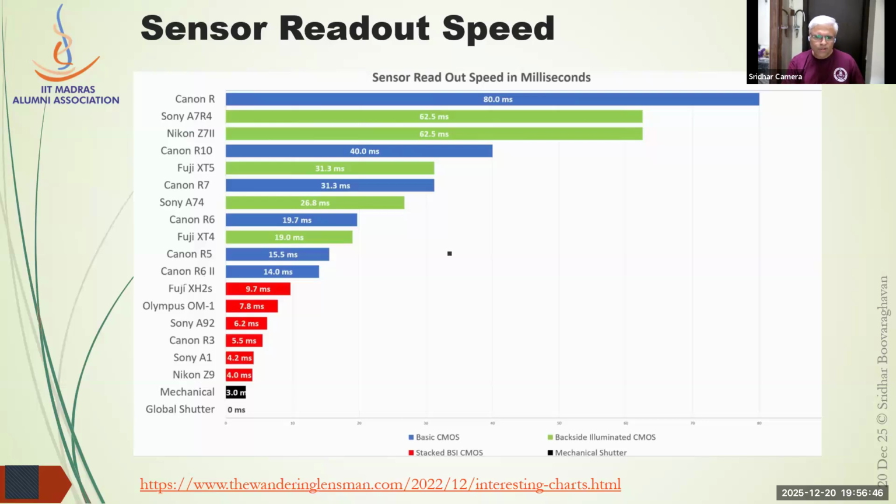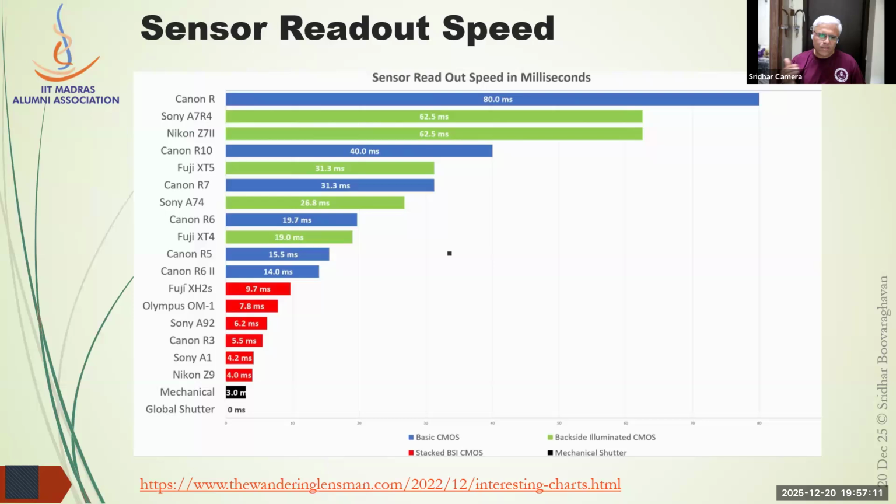Like, for example, not to take names here, that A7R4 with 61 megapixels takes 62.5 milliseconds. So it takes a little longer, 4 times as long, to read out that entire 61 megapixels. Now, the speed matters a lot in terms of your camera quality.